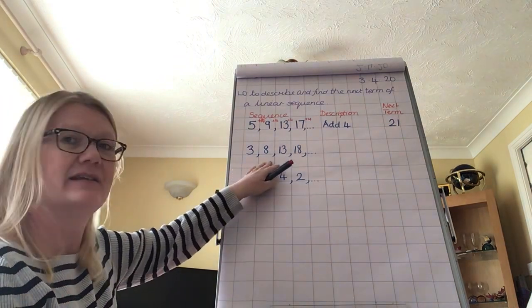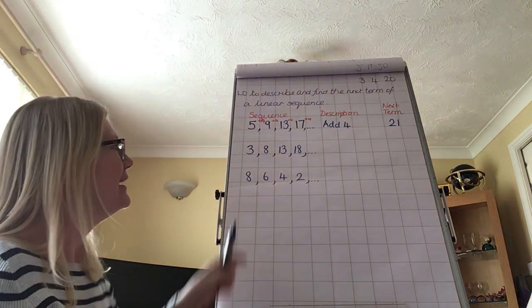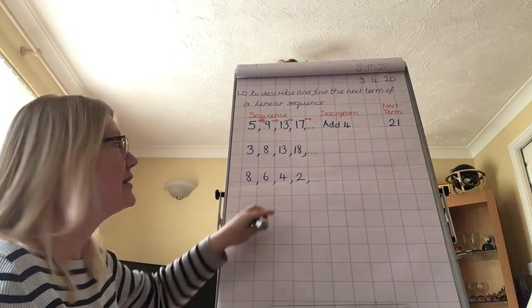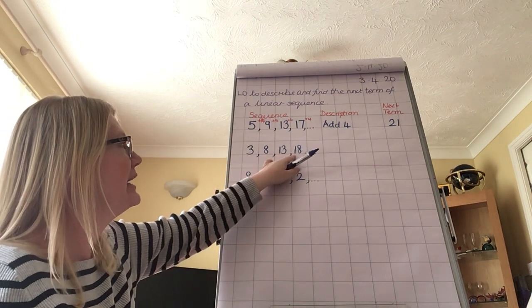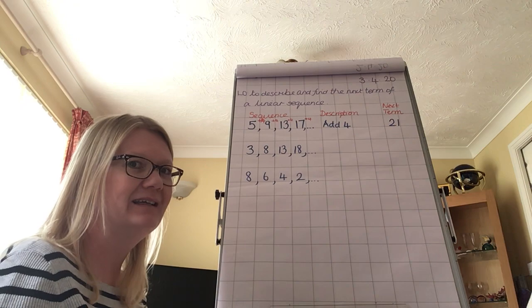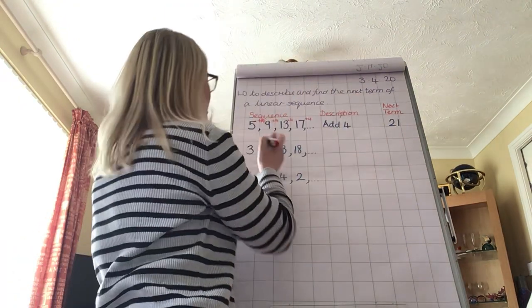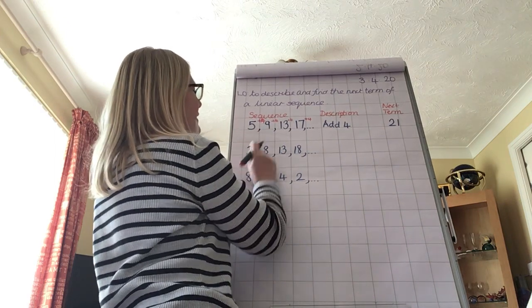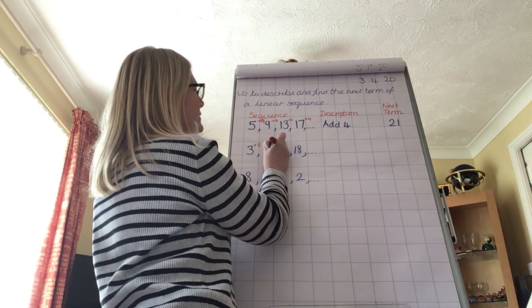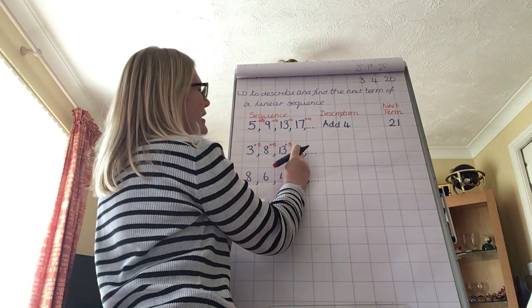3, 8, 13, and 18. Eagle-eyed amongst you might notice 3, 8, 3, 8, 3, 8, which means we must be adding 5. Okay, let's just check. 3 plus 5 is 8, 8 plus 5 is 13, 13 plus 5 is 18.